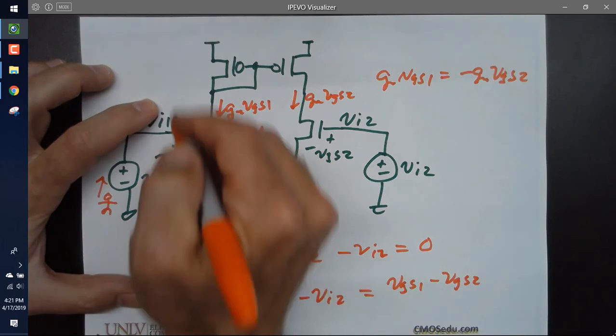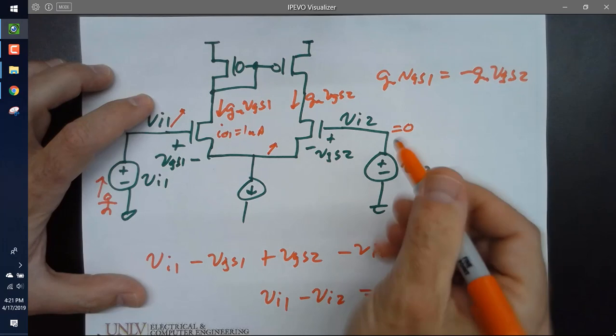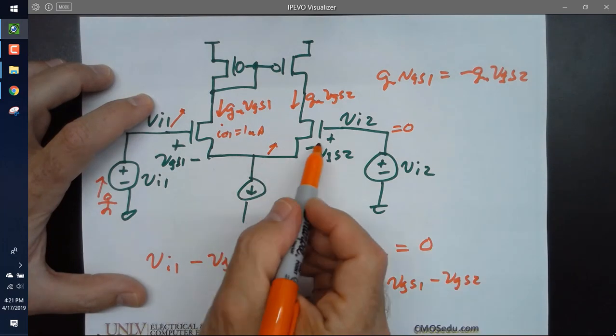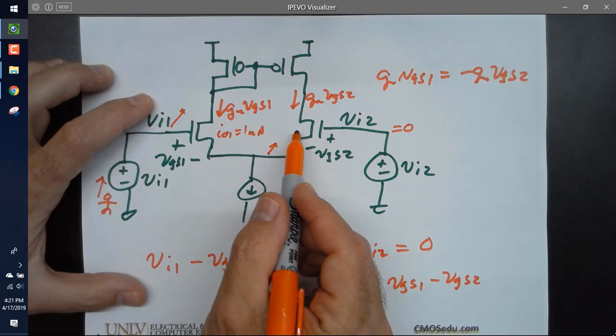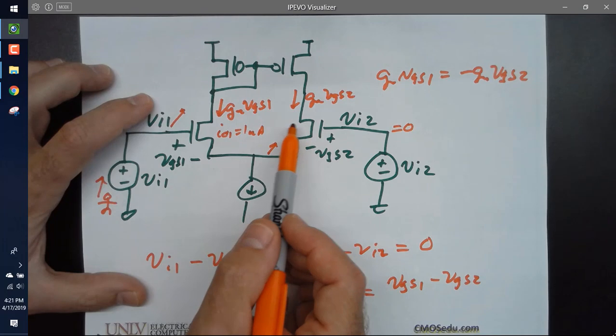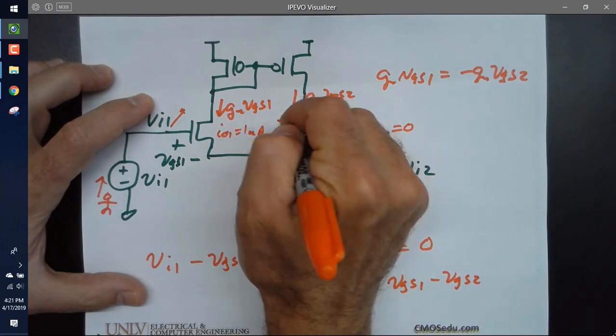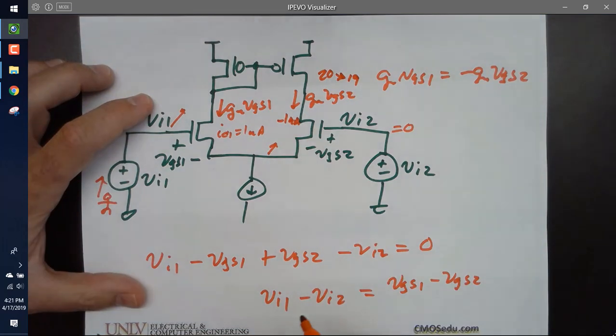Here, however, when I pull this up, this goes up, assuming this stays at 0, doesn't change. If this goes up, that causes the VGS of this to what? Go down. And if it goes down, what happens to the current here? It goes down by minus 1 microamp, which means this would go from 20 down to 19.